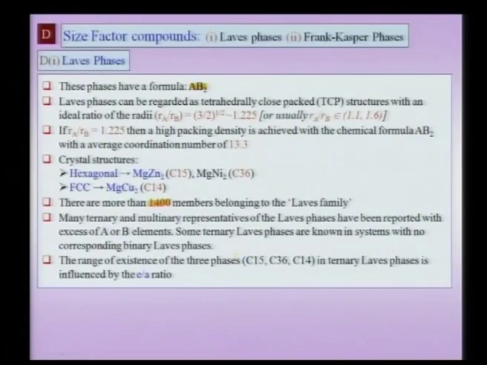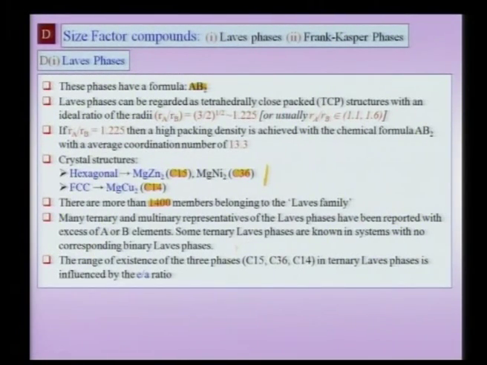Now, the important crystal structures which form under this Laves class are typically designated according to the Strukturbericht notation as C14, C15 and C36. So, there are three important classes of Laves phases: the C14 class, the C15 class, and the C36 class.